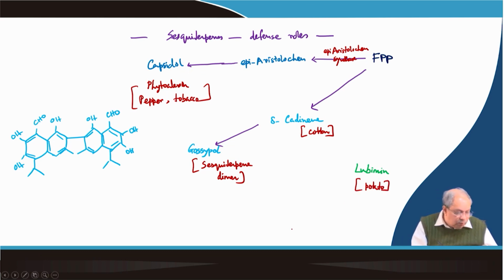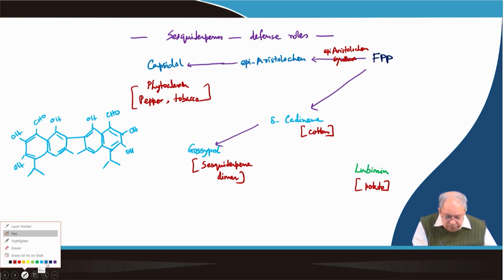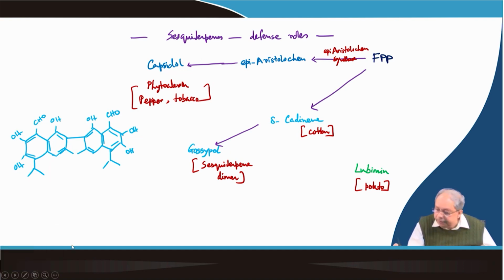And lubimin is basically formed from vetispiradiene.